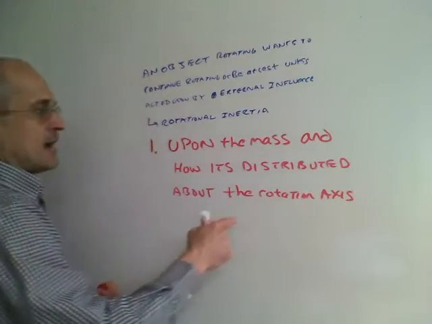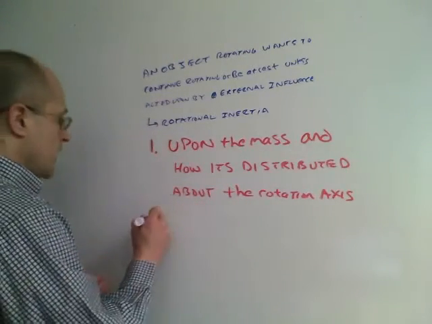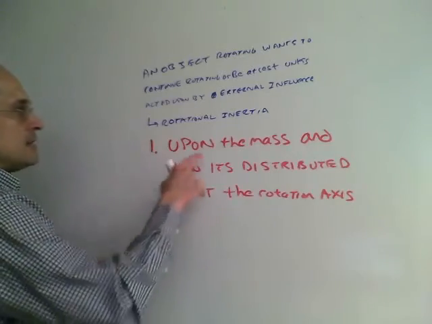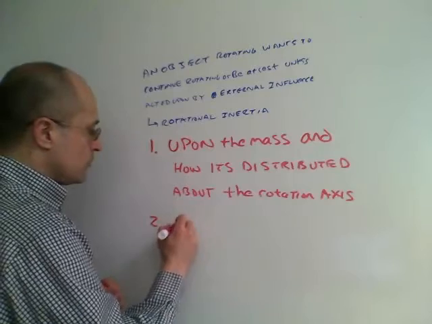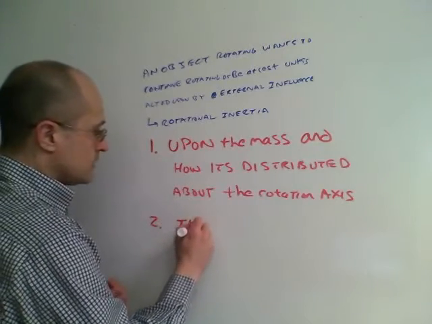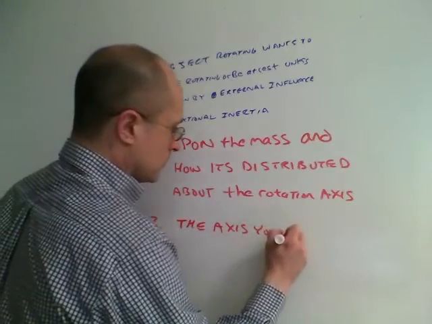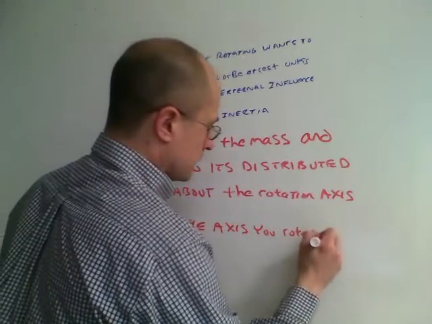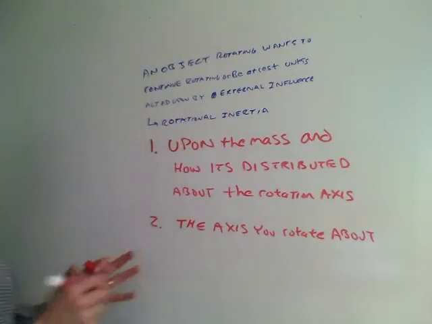And the rotation axis is simply where you want to rotate the object about. So these are the two things that are going to determine our rotational inertia.